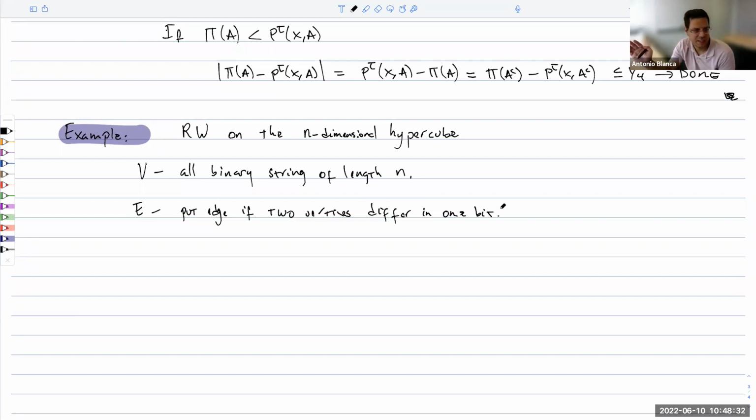Out of curiosity, have you guys seen this graph before? I mean, it shows up in computer science in many areas, right? So, okay, 2 dimensions, the graph will look something like this, right? So you have all binary strings, and this is how you connect them. 3 dimensions, it's 2D, 3D looks more something like a cube, right?